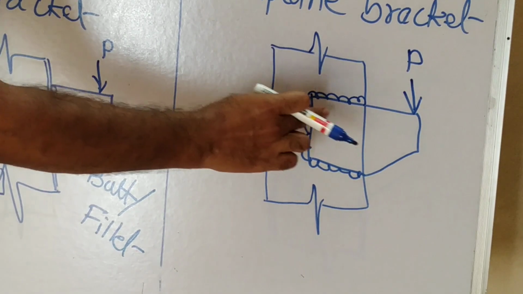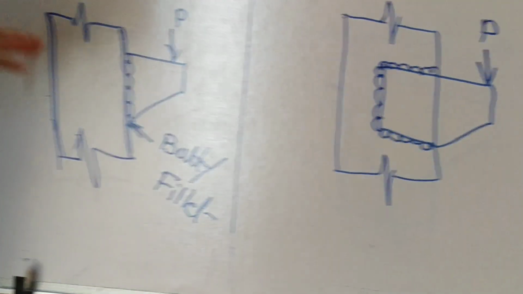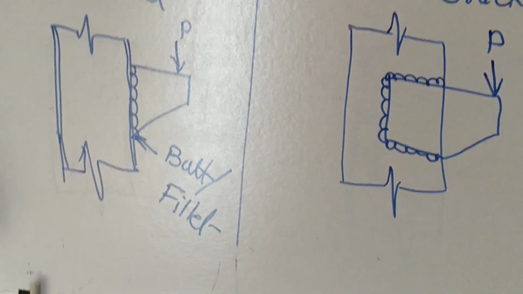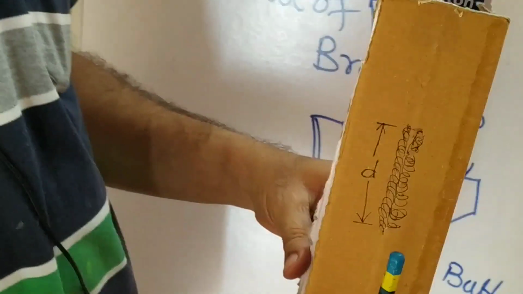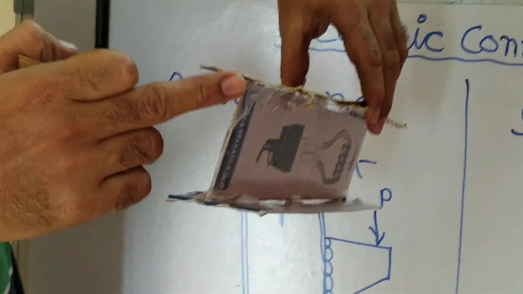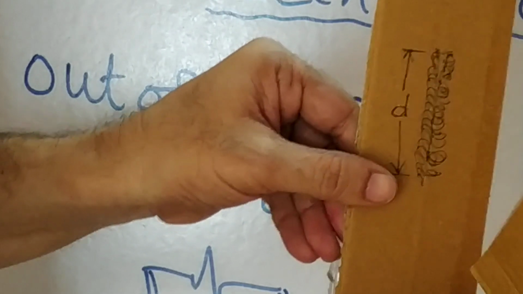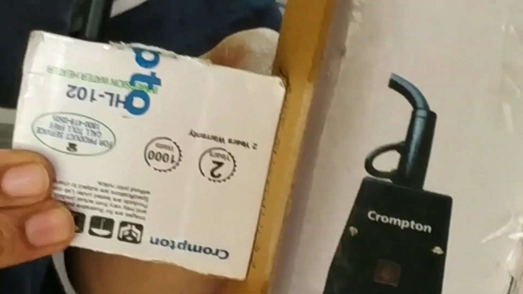In order to explain this properly, let us see a model with the help of a cardboard. Let us say this is an I section. Here this is the web portion, this is a flange portion, and this is another flange. Now a bracket plate is to be welded directly to the flange.